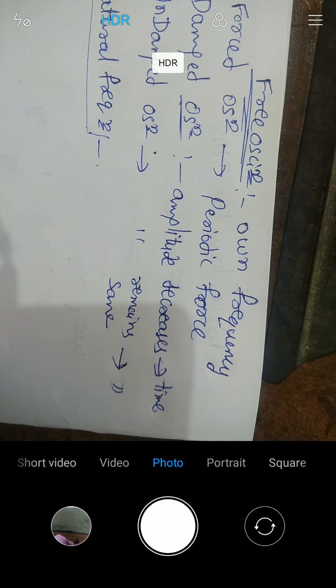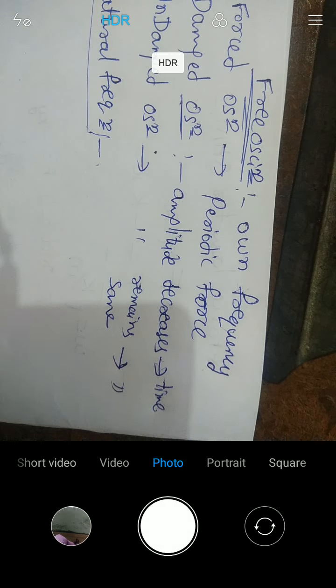Whenever you press the vibrating tuning fork to the sonometer box, the paper rider falls down, because the frequency of the wire matches the frequency of the tuning fork. So here that is resonance.